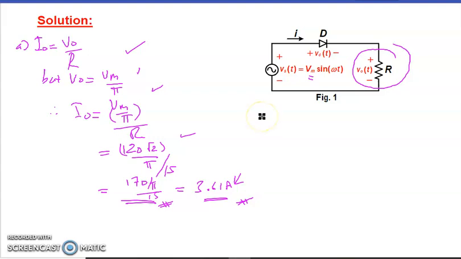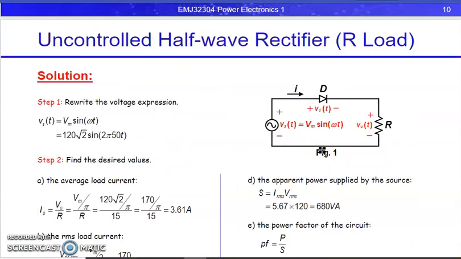Okay, then for B, what is the RMS load current? So I RMS equals V out or VDC RMS divided by R. So I equals V over R. But V out RMS is equal to, as we know in the previous slide, Vm divided by 2.